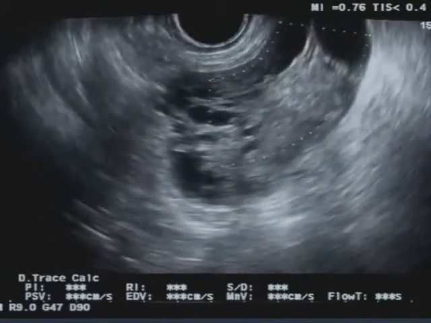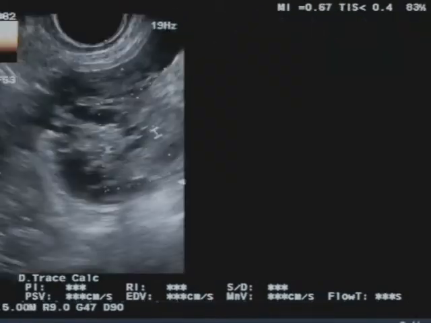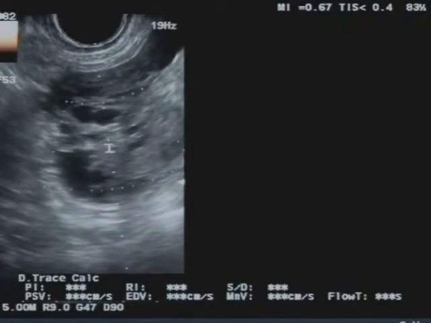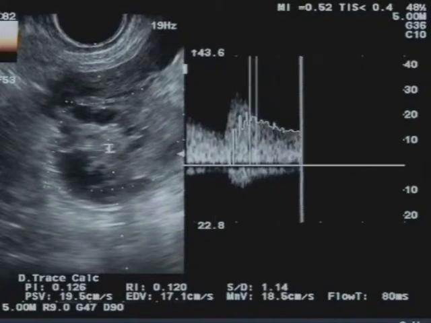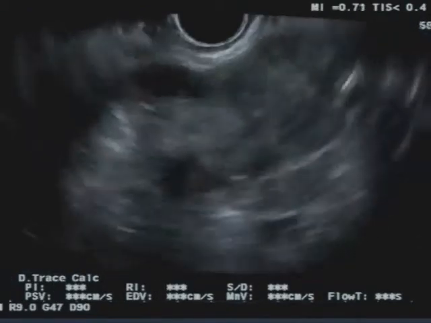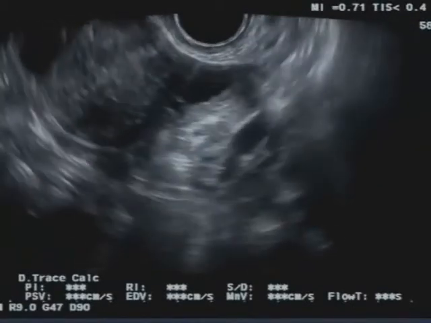There was no ascites, and there was no effusion in the Douglas. We advised the patient to undergo a CT scan, which was performed, and subsequently hysterectomy was required.